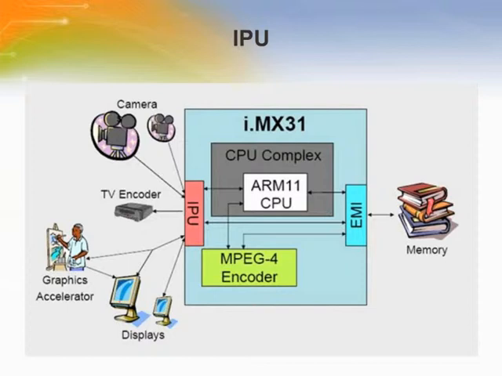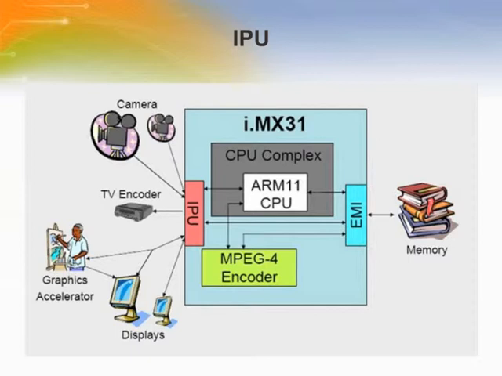The IPU is at the heart of the video processing chain. It offers an integrative approach, including all functionalities required for image processing and display management. The IPU supports connectivity to a wide range of external devices, including cameras, displays, graphics accelerators, and TV encoders and decoders. To support all these devices, the IPU has a synchronous interface and an asynchronous interface.